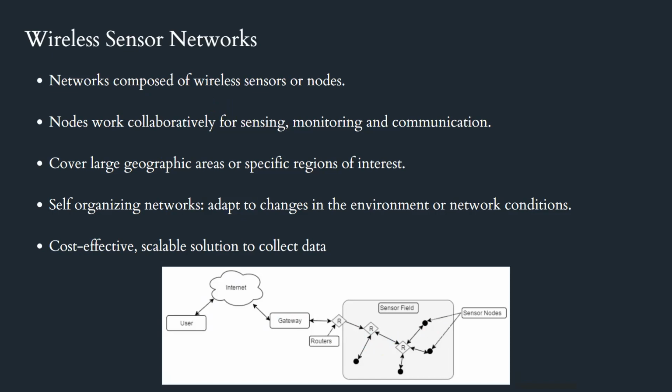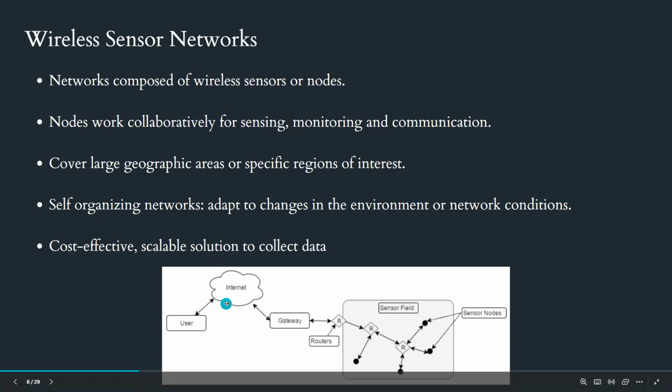After the node collects some data, the node is capable of sending the data to a gateway, right? There is a gateway, and through the gateway the data is transmitted to the internet. So through the internet, the user will be able to access the data.